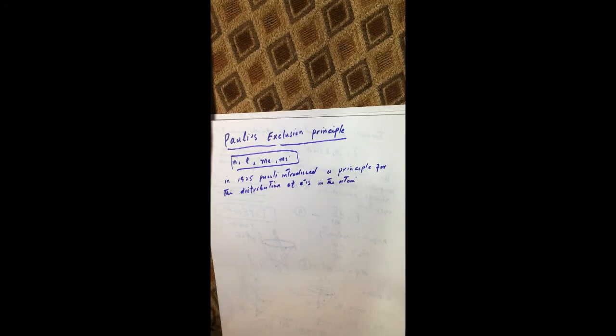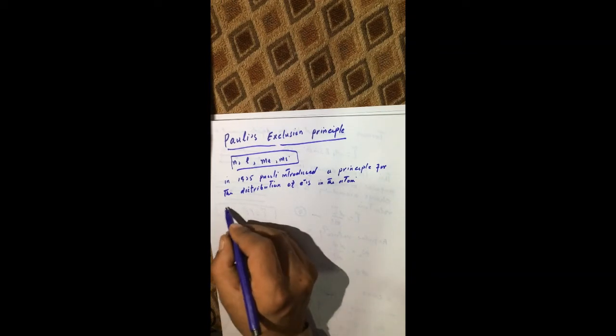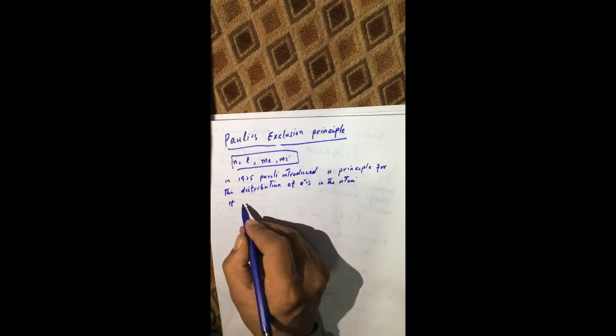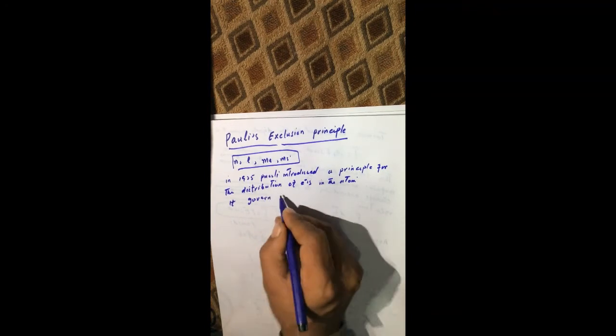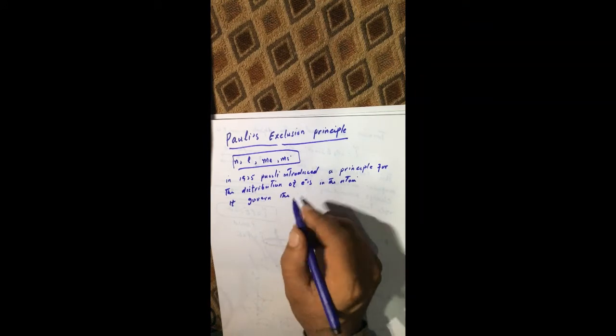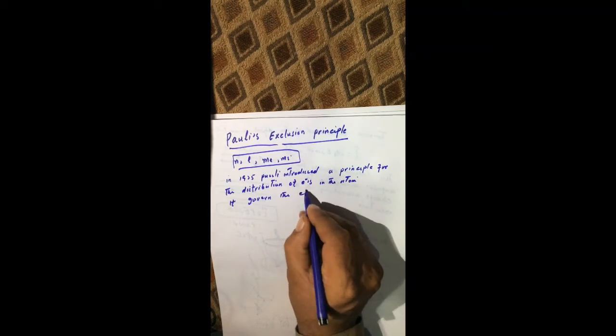Before the Pauli exclusion principle, there was no idea how electrons are distributed in different orbits or shells. But in 1925, Pauli introduced a principle for the distribution of electrons in an atom. So it governs the electronic configuration.